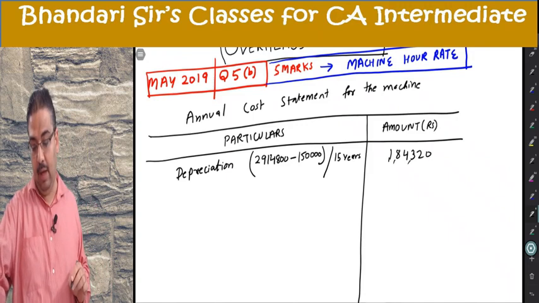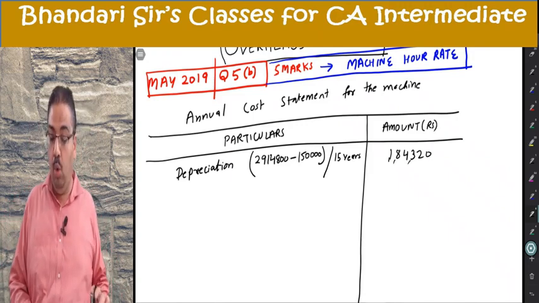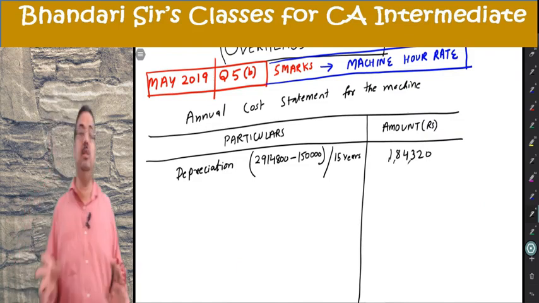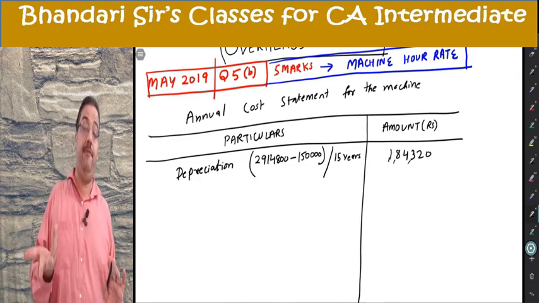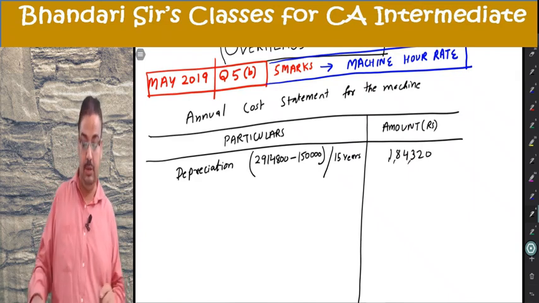1,84,320 is annual depreciation. Then first point, repair and maintenance during the whole life is expected to be 5,40,000. Normally repair and maintenance is given monthly, annual, something like that. Here it is given for full life. I want annual, equally distributed in all 15 years.